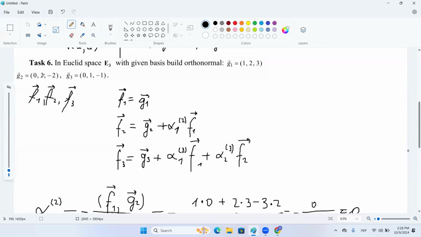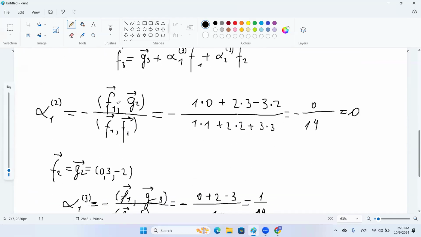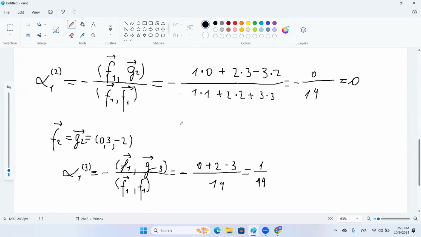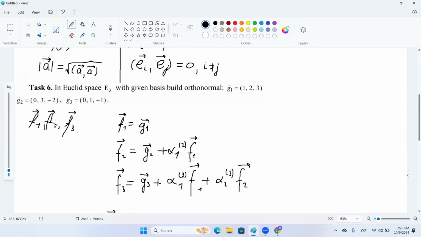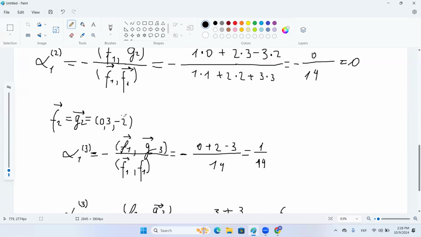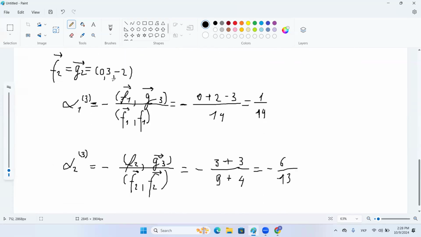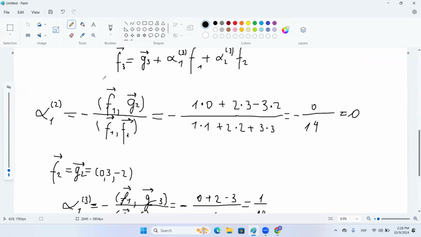Yeah, but let's verify. So 3 by 2. Sorry. Yeah, it was a mistake. So f2 and g3.